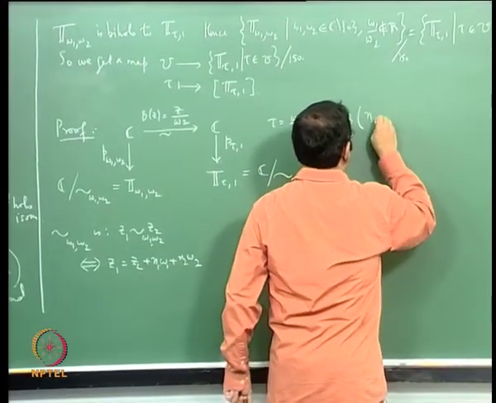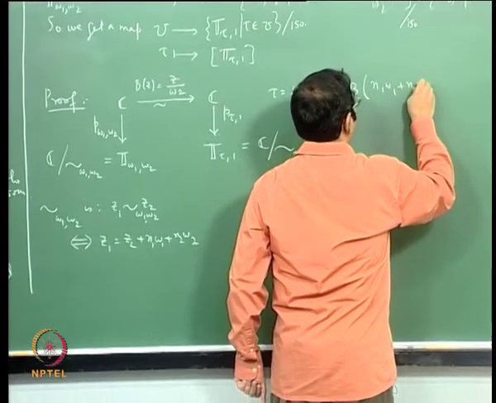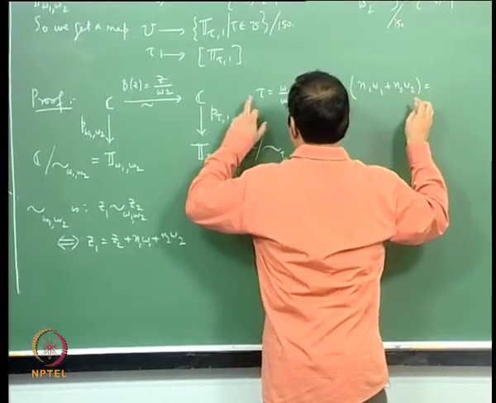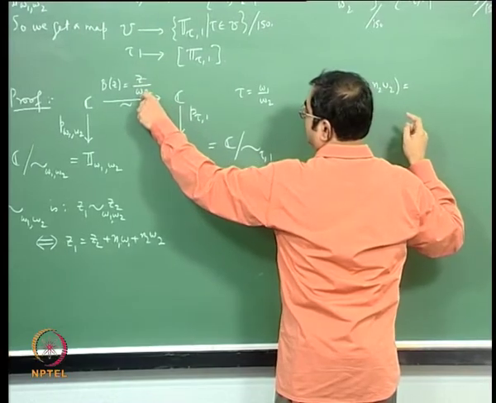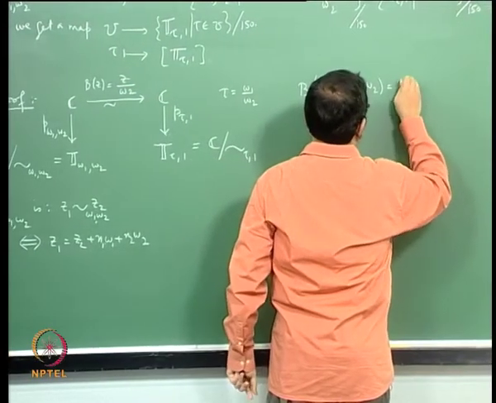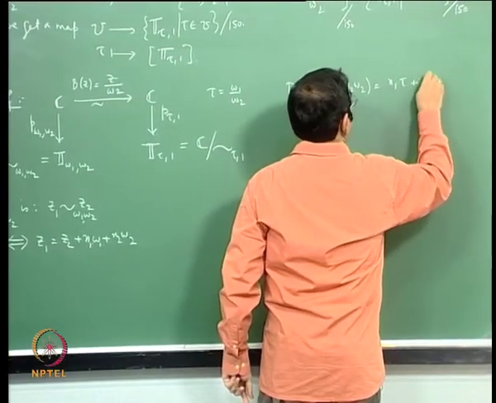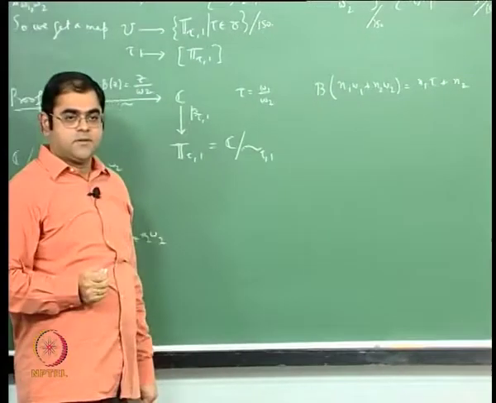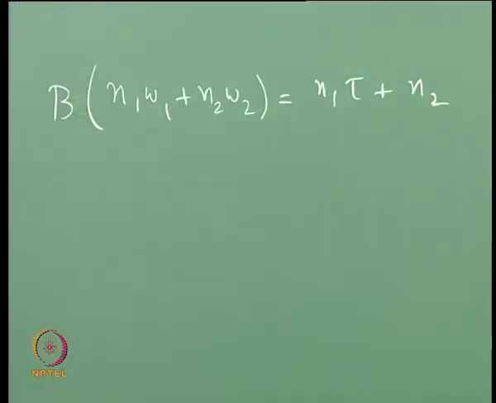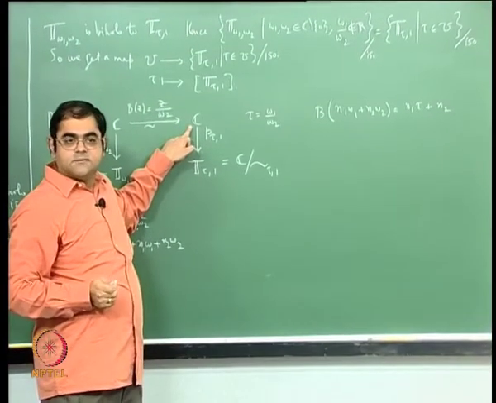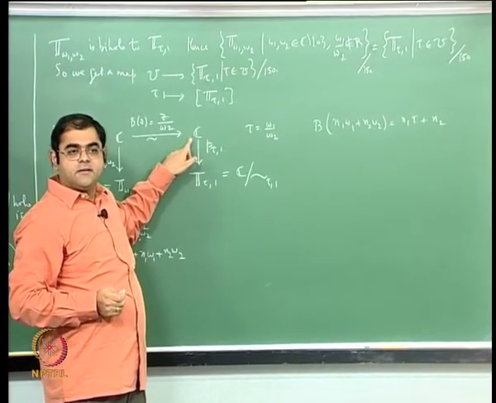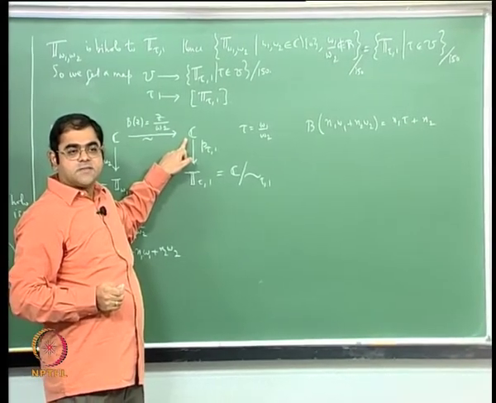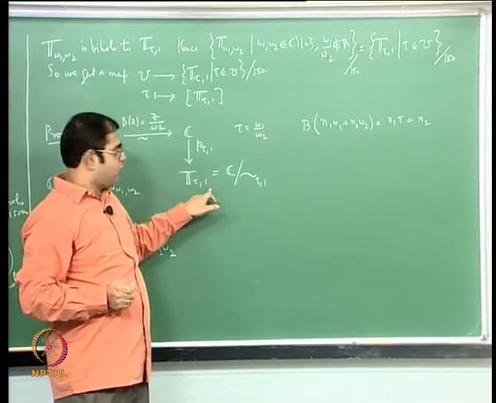B takes n1 omega 1 plus n2 omega 2 to, well, B is supposed to be division by omega 2, so I'll get n1 tau plus n2, but n1 tau plus n2 is a point of this grid, okay. The grid here is given by tau and 1.